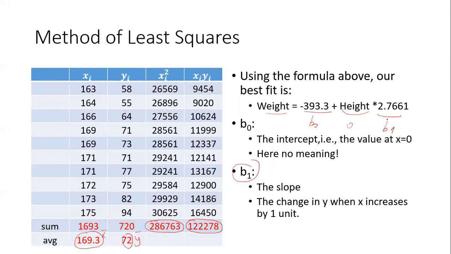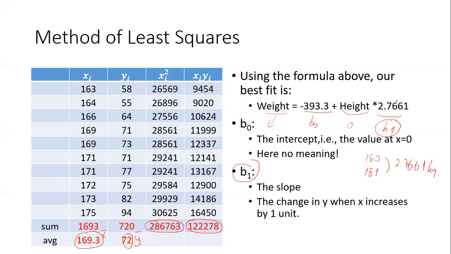How about b1? So b1 is the change in the value of the weight, in kilograms, when you increase the height by 1 unit. So for example, the difference between the weight of a guy who is 180 and a guy who is 181 is equal to 2.7661 kilograms.